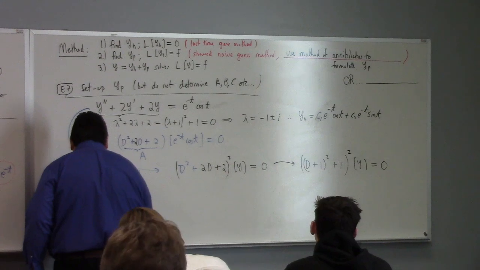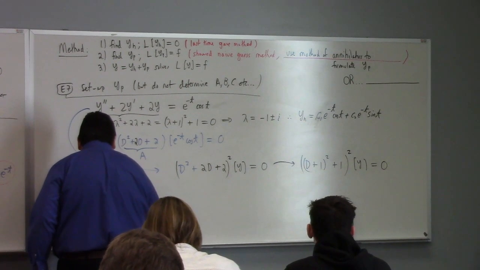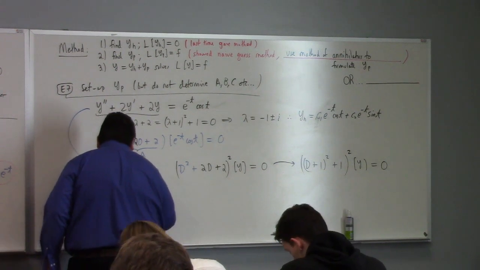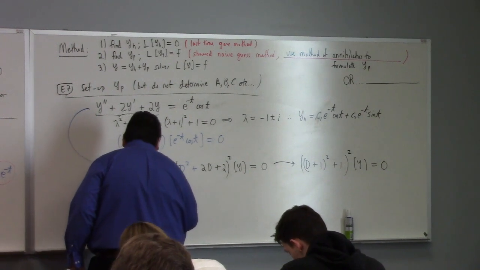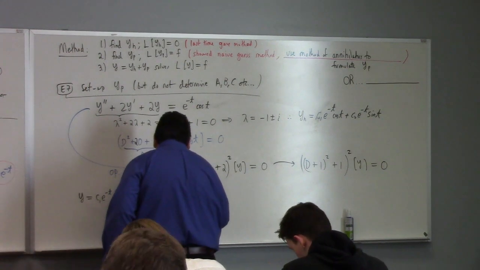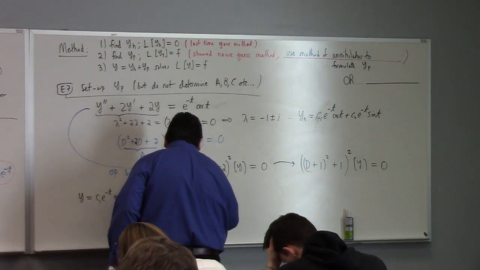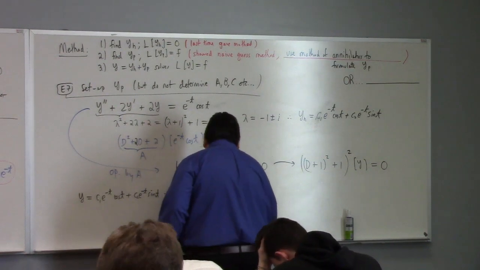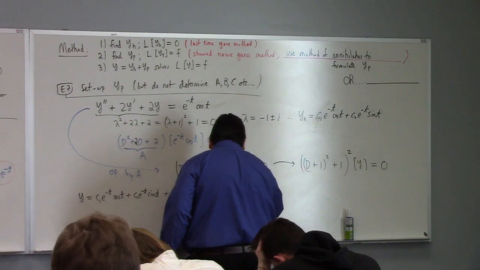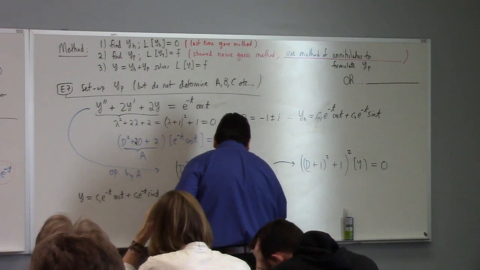It is y equals c1 e to the minus t cos t plus c2 e to the minus t sine t plus c3 t e to the minus t cos t plus c4 t e to the minus t sine t.